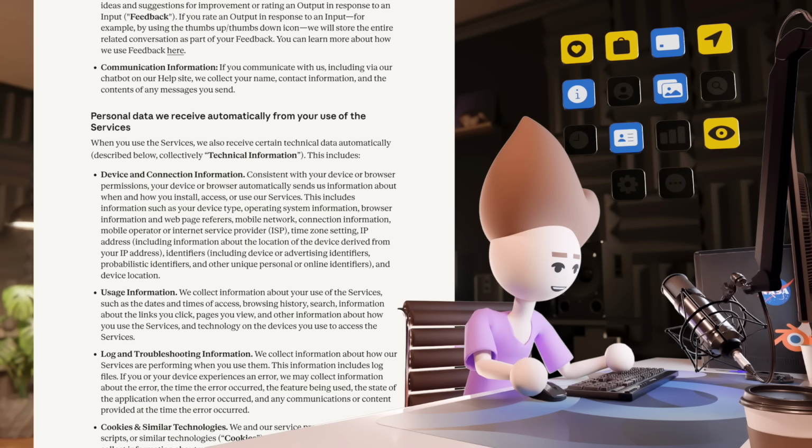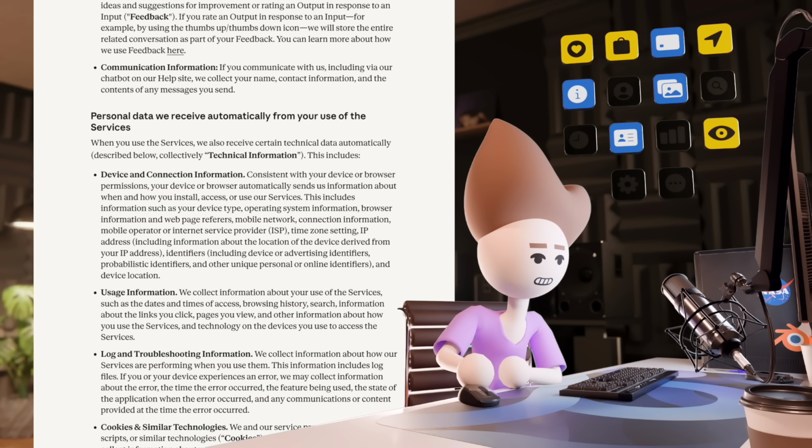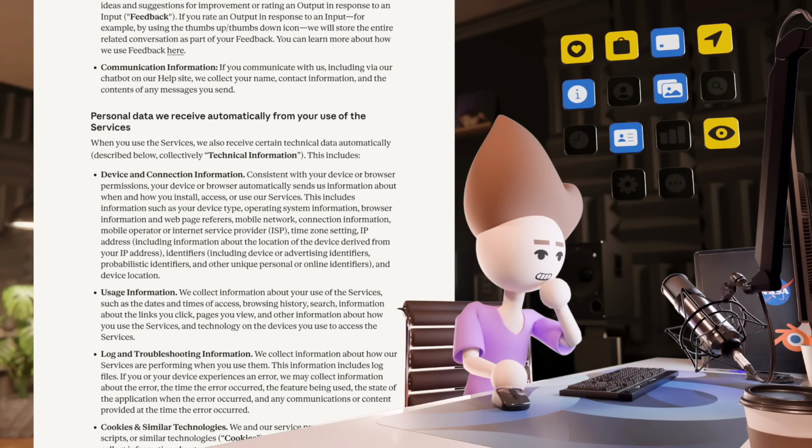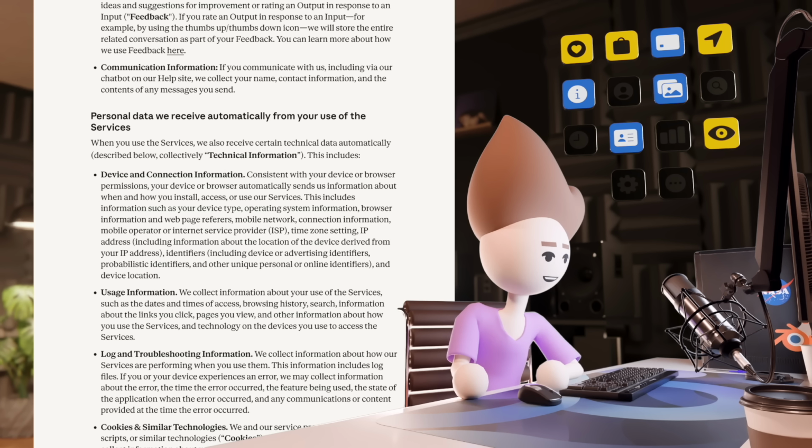This includes information such as your device type, operating system information, browser information, and web page referrers, mobile network connection information, mobile operator or internet service provider, ISP, time zone settings, IP address, including information about the location derived from your IP address, identifiers, including device or advertising identifiers, probabilistic identifiers, and other unique personal or online identifiers, and device location.